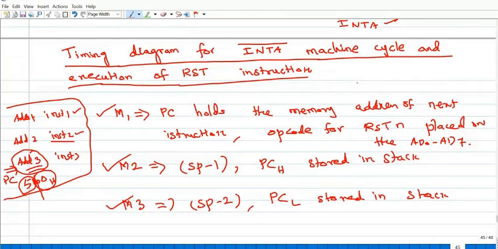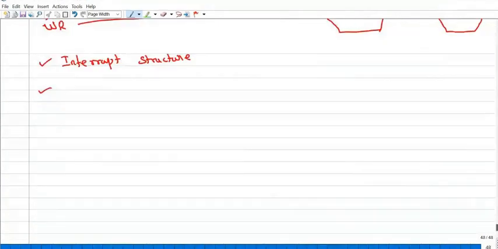In the next two cycles, we need to save the address information of the next instruction. So whenever you draw the timing diagram for INTA, it's better to draw the INTA machine cycle along with the RST instruction execution. And remember, a minimum of 6 states is required to decode what kind of operation it is. Then we'll move on to instructions.